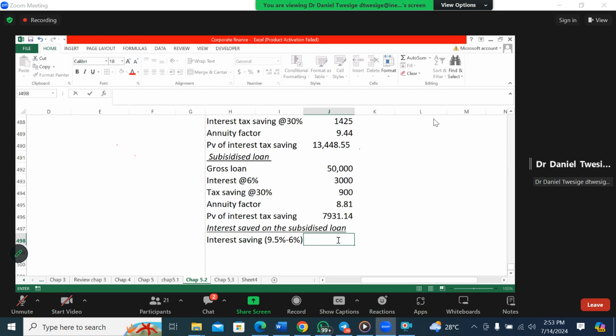I'm removing this. You'll remember that. Which is going to be this times 63.5%. I get the interest which was saved, because this is the saving I received on the interest.